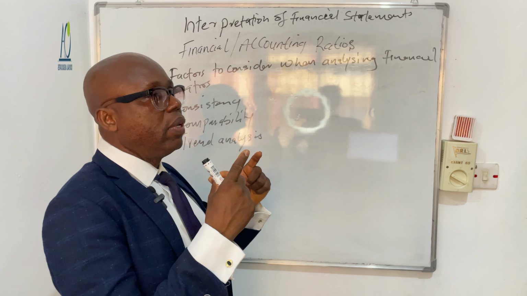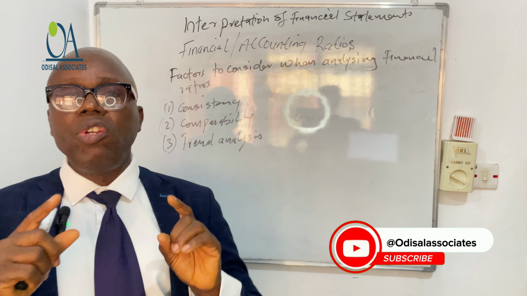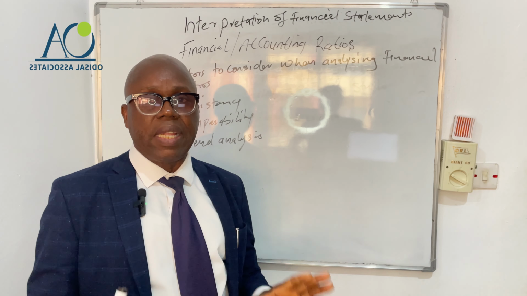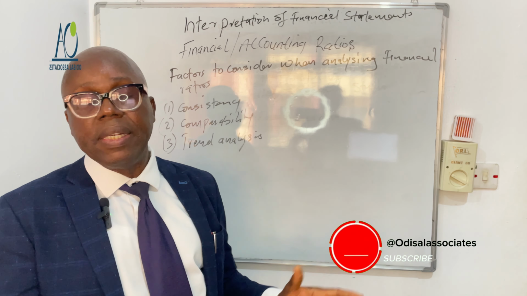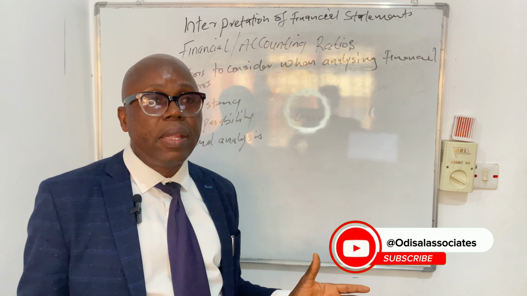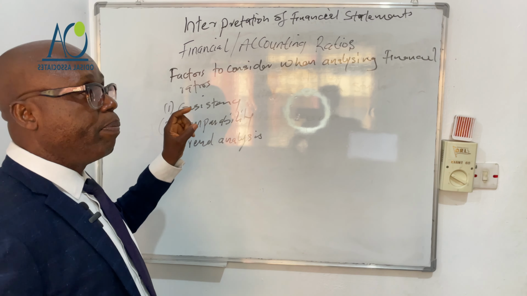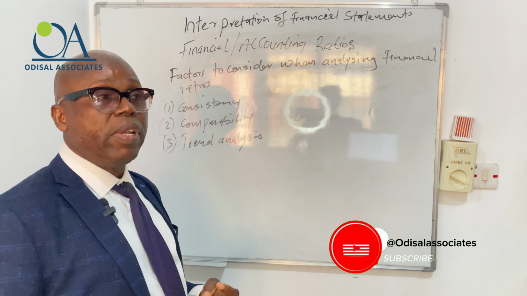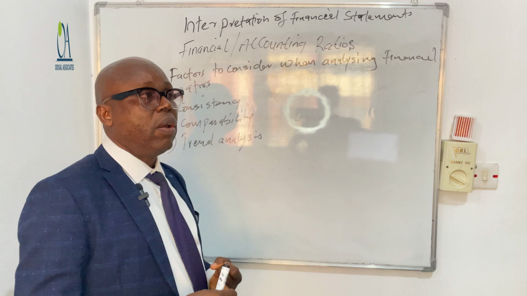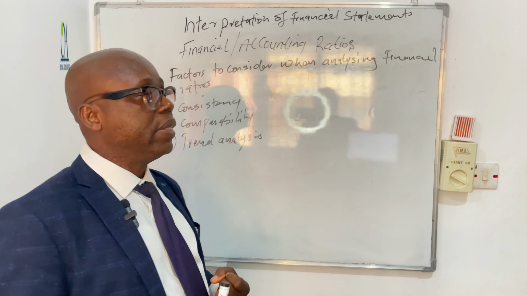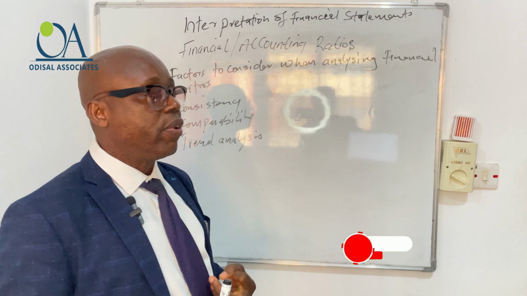So if the policies that were used to prepare the statements are not consistent, then it means that you may not be comparing the same thing. You might be comparing apples to oranges. That is why it's important that you check the consistency of the method you are using. You check the consistency of the policies that were used to prepare the statement. And then you confirm that your data is from the right source.